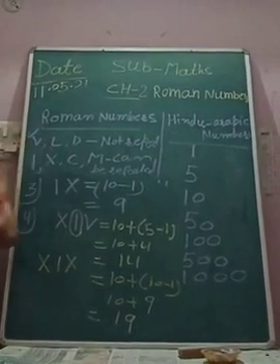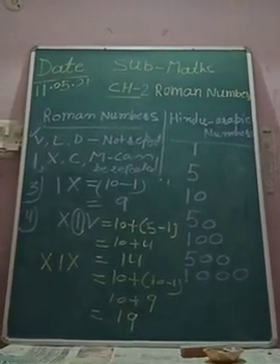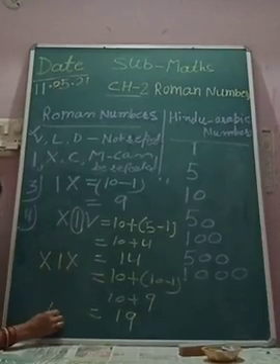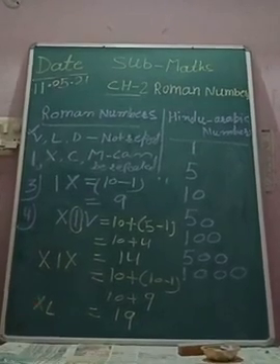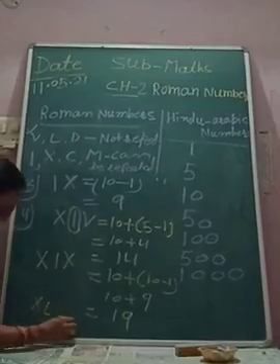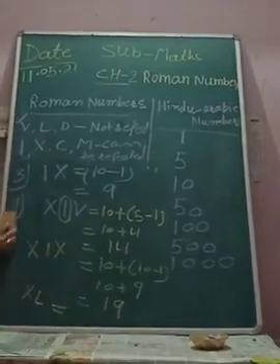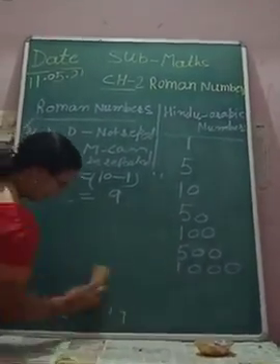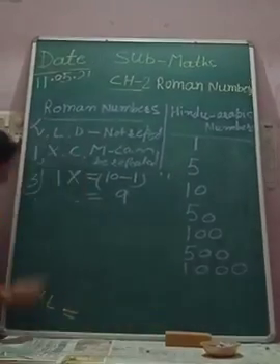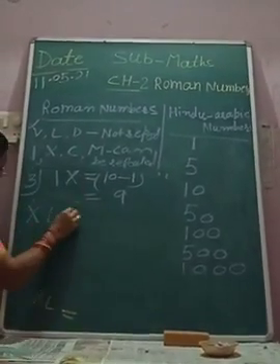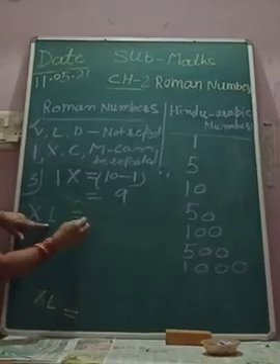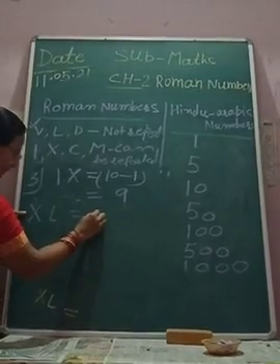Suppose you have to write now. Ma'am, 40. Clear? Yes, ma'am. Ma'am, X means 10 and L means 50, and 50 is greater than 10.